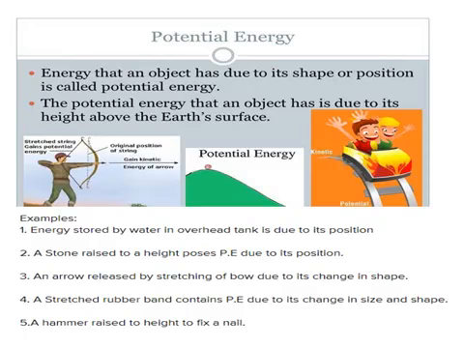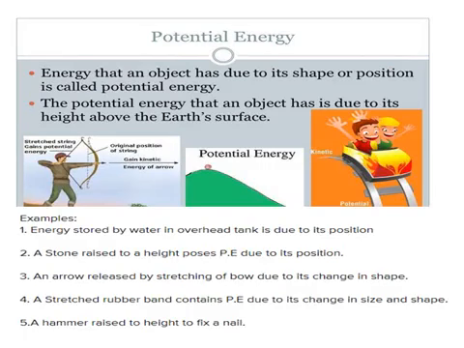This I have explained to you earlier. An arrow released by stretching a bow has potential energy due to its change in shape. A stretched rubber band contains potential energy due to its change in size and shape.